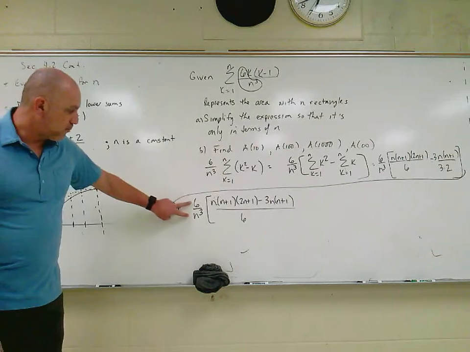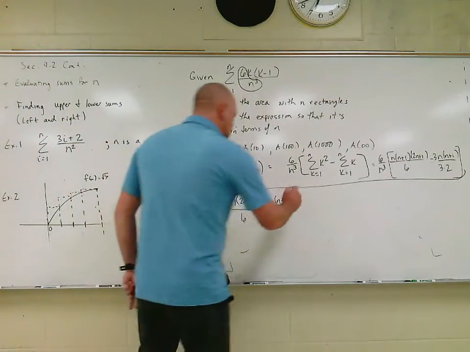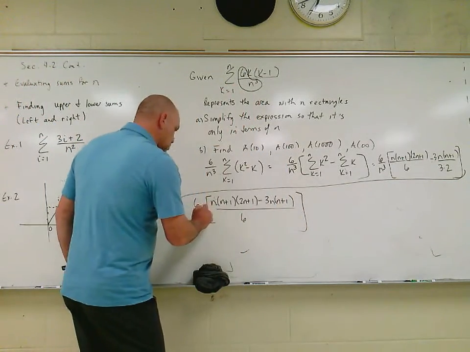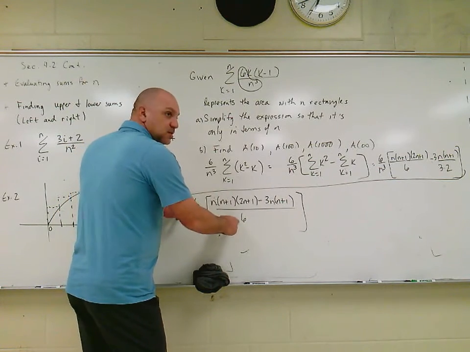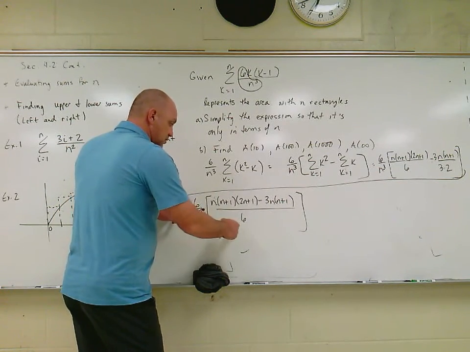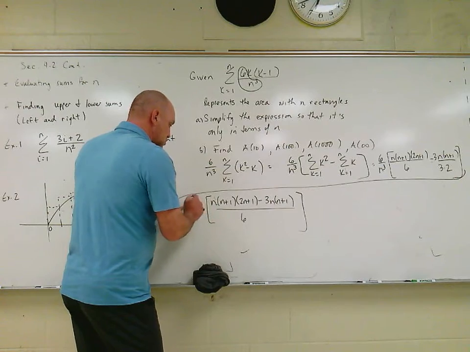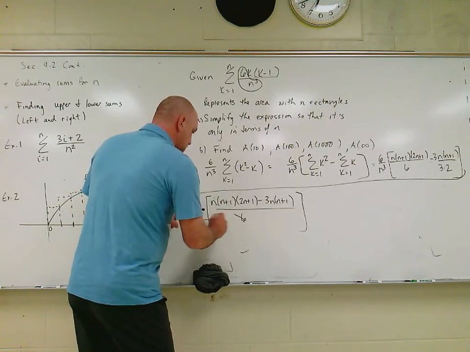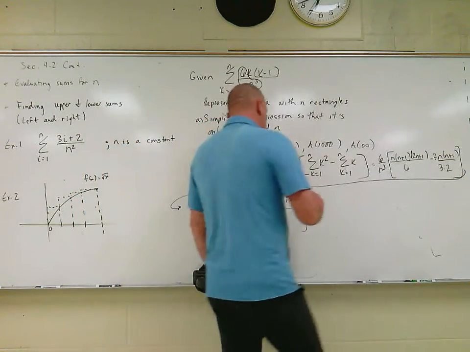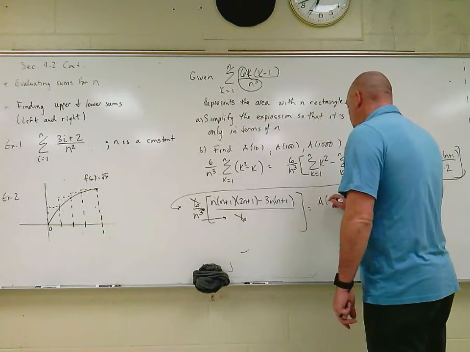And now, if I bring my 6 over n cubed in, if I actually multiply this, what happens to these 6's? They're going to cancel, and the n cubed comes in. So now I can cancel the 6's, and I'm just going to slide my n cubed underneath. And this is my area of n rectangles.